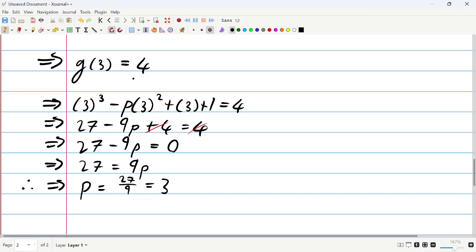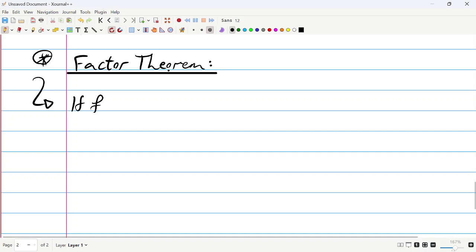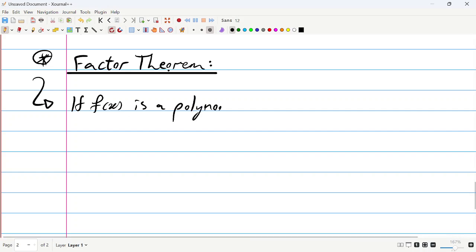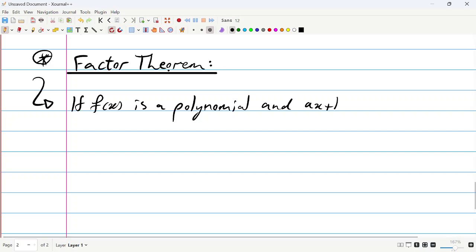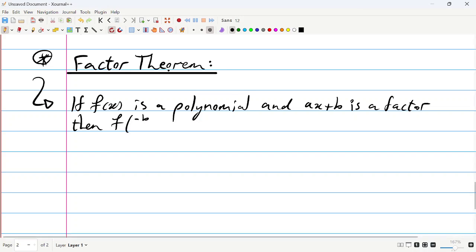Basically the same thing, but instead it's equal to 0. We'll see. Alright, so here we are. Let's say this again. If f of x, a function, is a polynomial, and ax plus b, which is a linear function obviously, is a factor, then we are going to say that f of negative b over a is equal to 0.